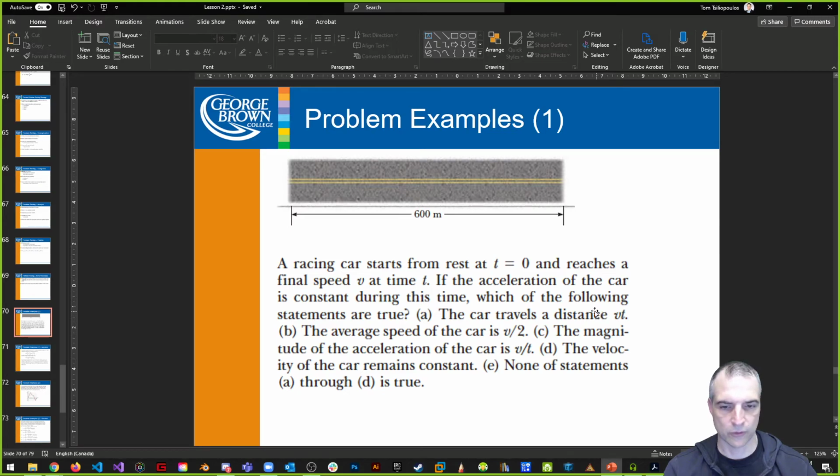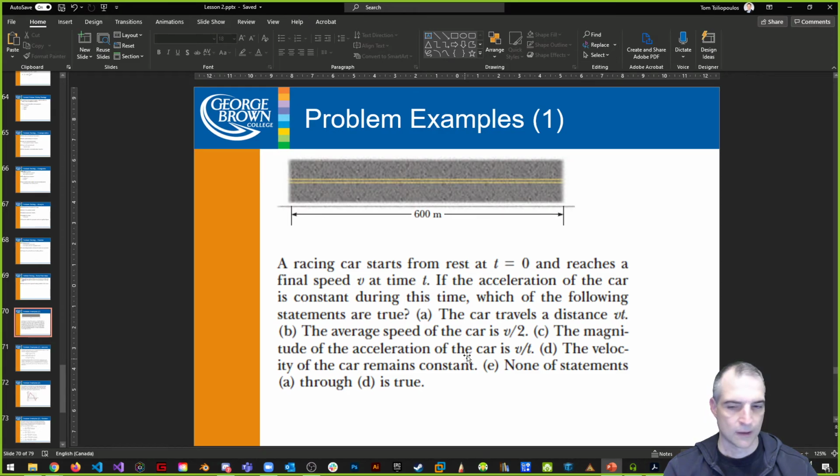Okay, someone says true. The acceleration is not 0. The acceleration of the car is constant, so it can't be vt, because we have to add acceleration in there. So this is false. The average speed of the car is v over 2. Is that true or false?